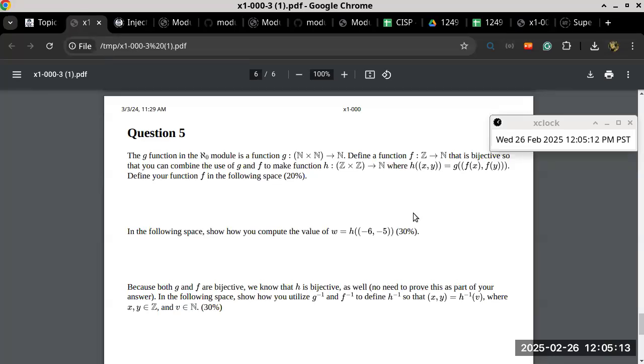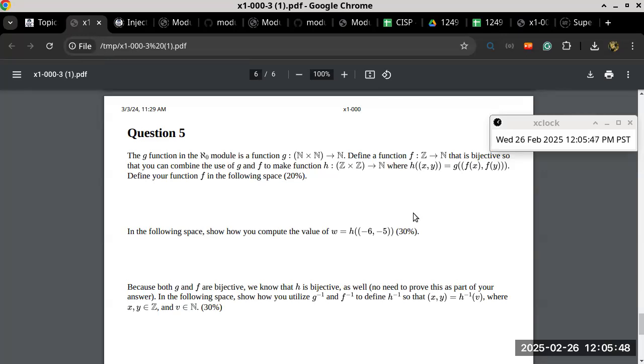Do you guys know which function we are talking about? The general idea is you fold negative numbers to odd natural numbers, and then you extend non-negative integers to even natural numbers. That's the best way I can describe it. Does that ring a bell? If it does not ring a bell, you might need to read that module again. Is that a fair answer?